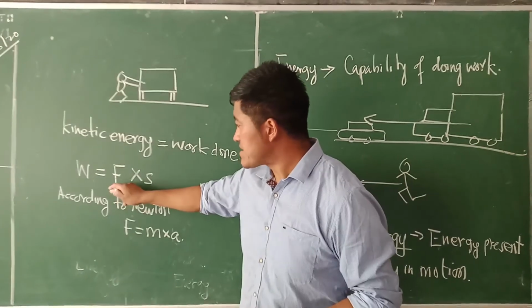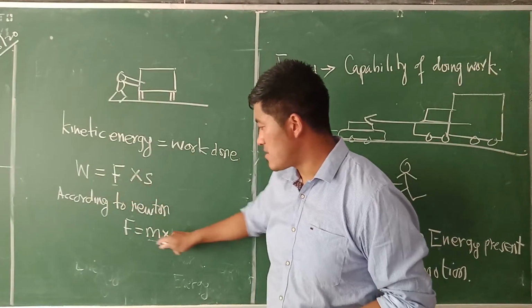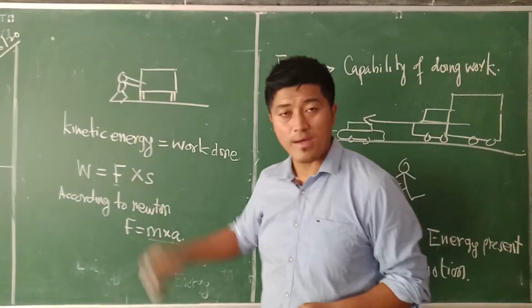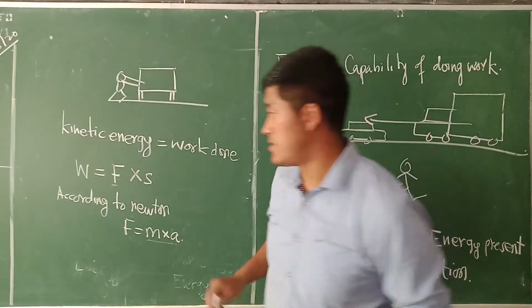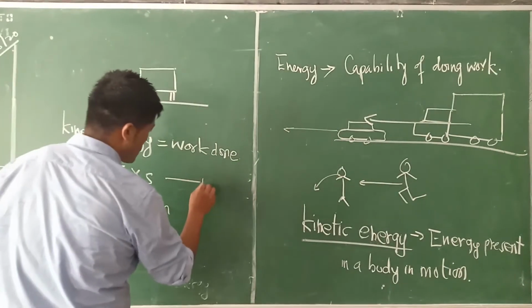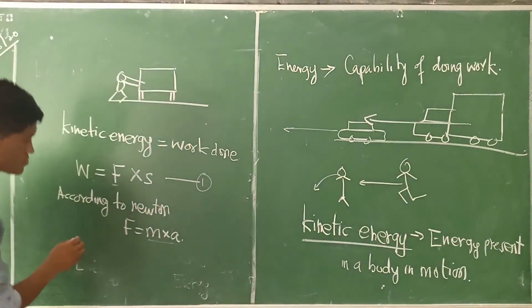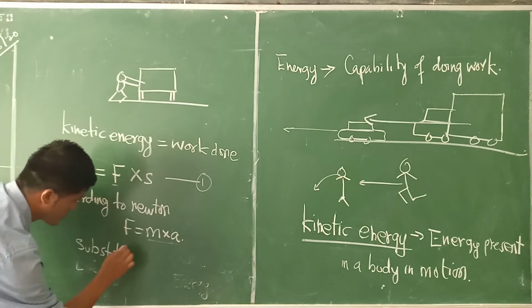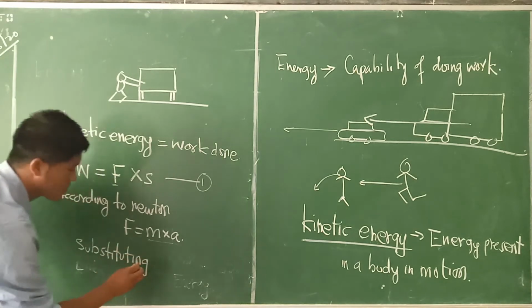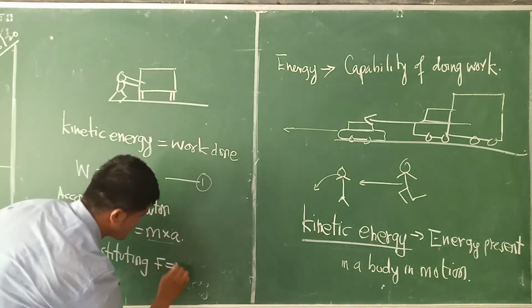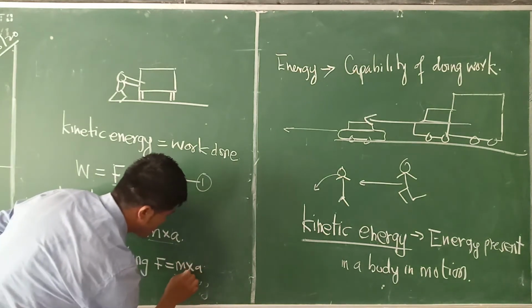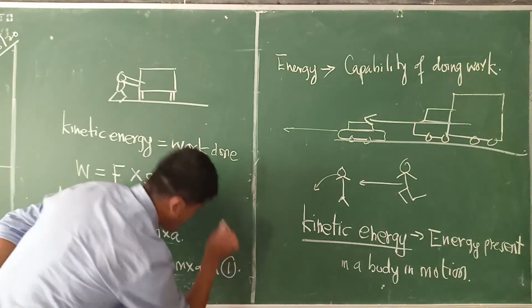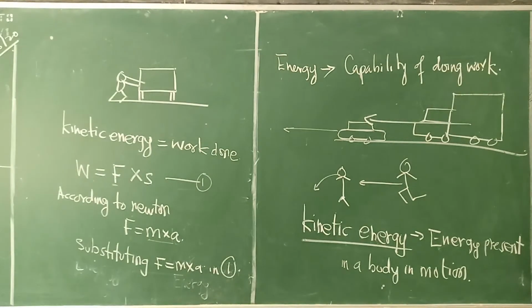Now instead of writing this particular F, can I write MA in place of F? I can do the same thing here. So I'm going to write this as equation number 1. So what I will write here: substitute F is equal to M into A in equation number 1.